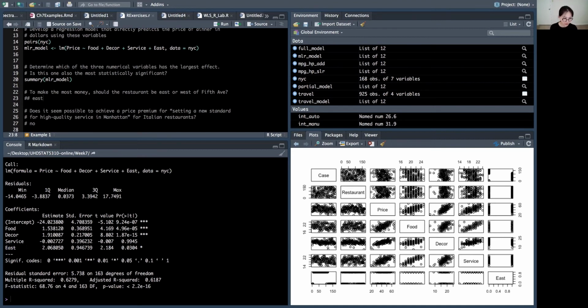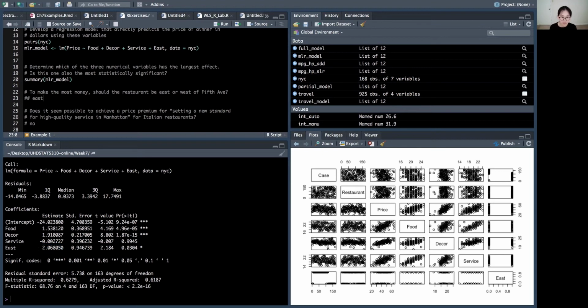The estimate for this east variable, which is a binary variable, is basically telling you that if you change from 0 to 1, where 0 means west and 1 means east, so from west to east, the price or response variable will increase by 2.06.